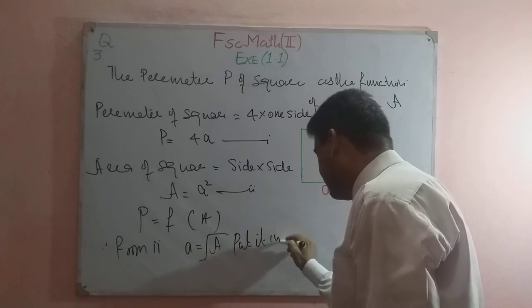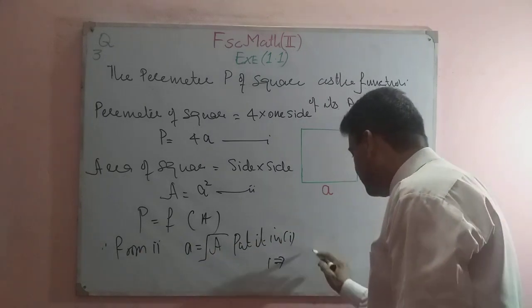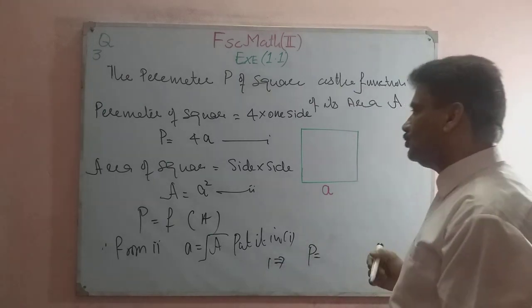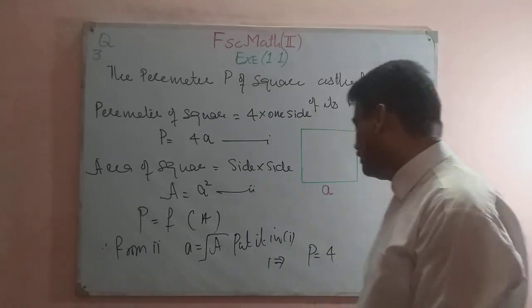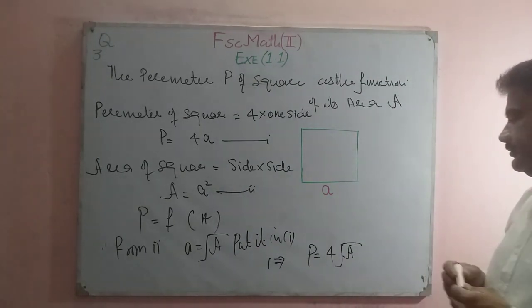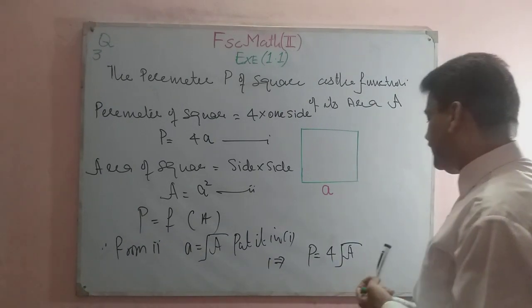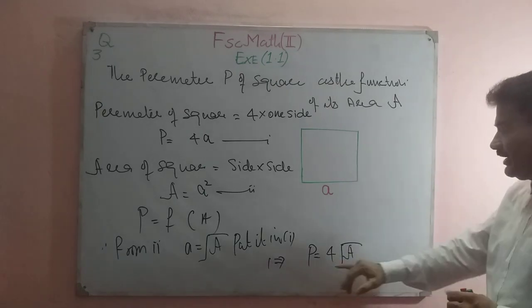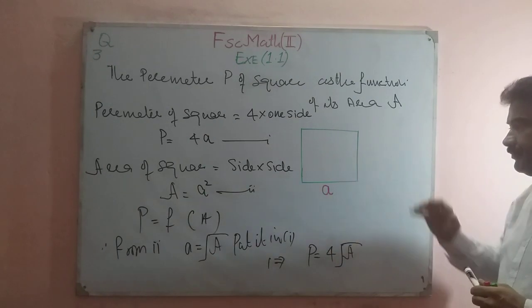This implies that P is equal to 4 times the value of a, which is under root A. This will be the relation between the perimeter and area of the square. We show that the perimeter of the square is a function of its area.